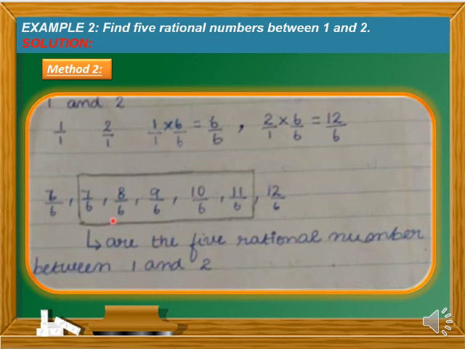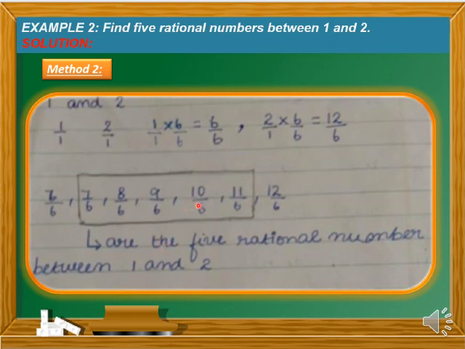The denominators are different, and the values are same. And the next, 9 by 6 can be simplified to 3 by 2, as 9 and 6 go in 3. 3 into 3 is 9, so 3 remains here. 3 into 2 is 6, so 2 remains here. 3 by 2 is obtained here.